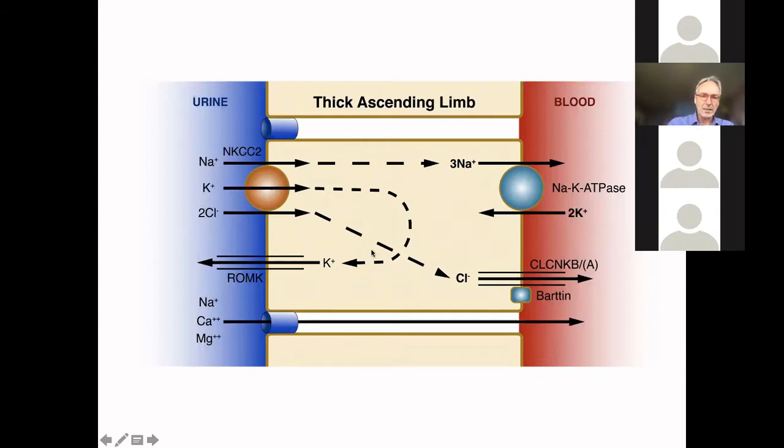If you're now leaking the potassium back out, it all of a sudden becomes electrogenic. And now you have a transepithelial voltage gradient, more positive charges on the apical side than on the basolateral side. And this transepithelial voltage gradient drives the paracellular reabsorption of cations, specifically calcium, magnesium, but also a considerable amount of sodium. And this is why these patients have also hypercalciuria and nephrocalcinosis, because this paracellular transport is impaired.